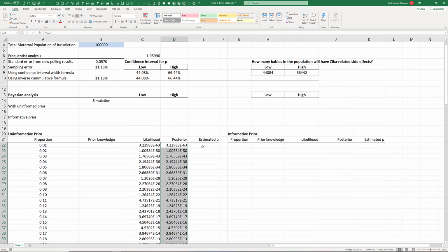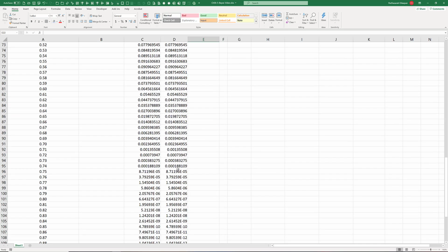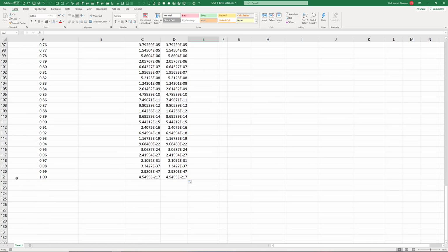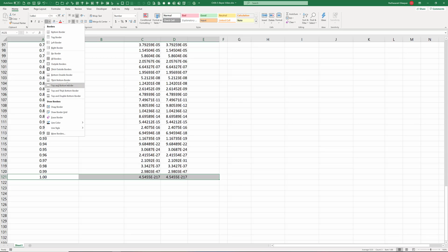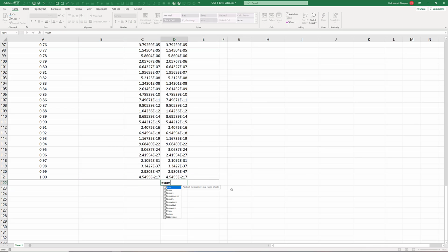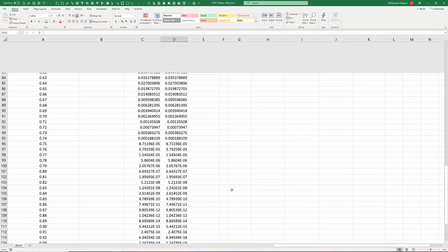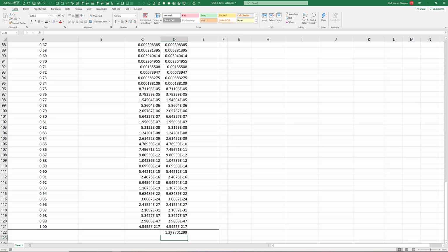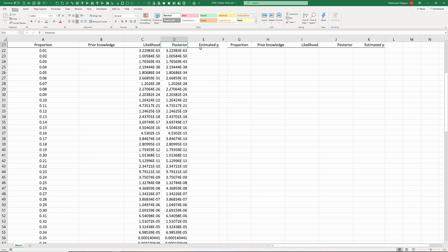Now we're going to our final estimated P for the posterior probability, and we have to normalize this. For normalization, I'm going to sum this. Let's put a border here and do a sum of this. It's a little greater than 1, so that needs to be adjusted.